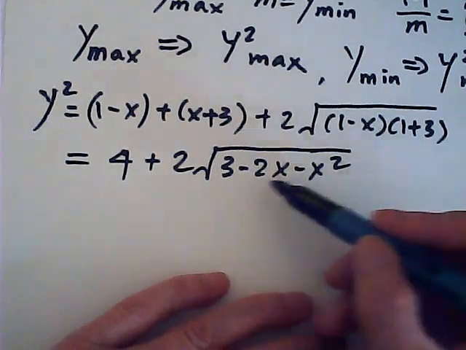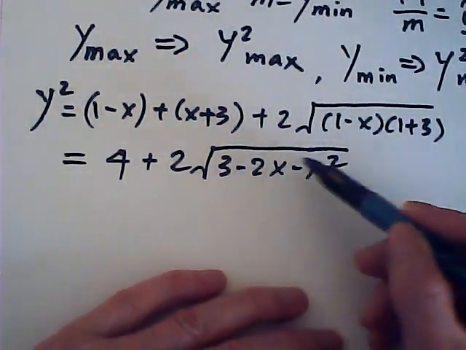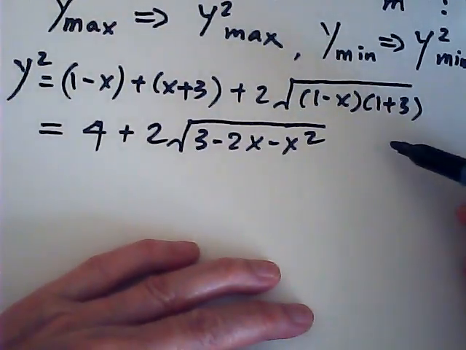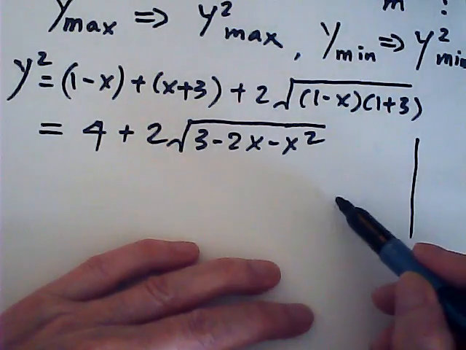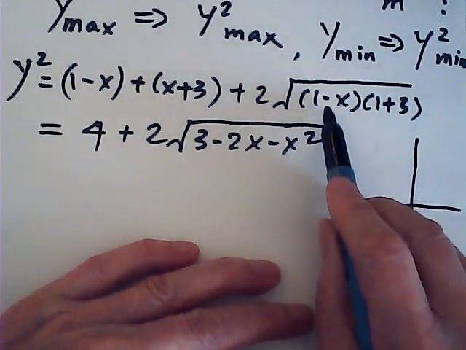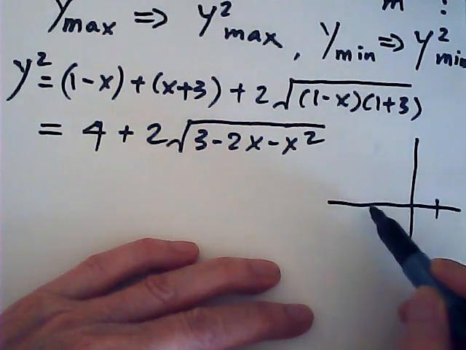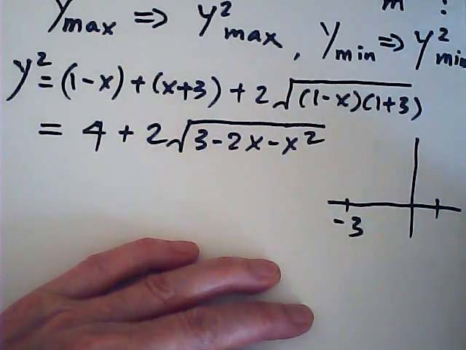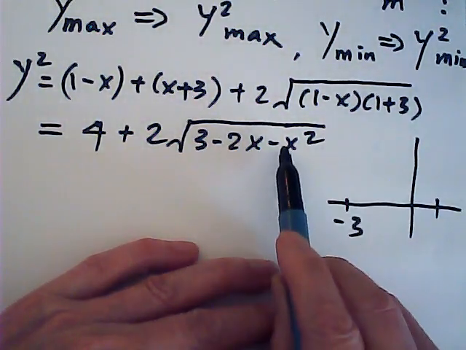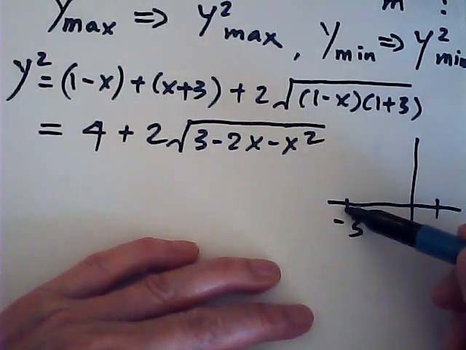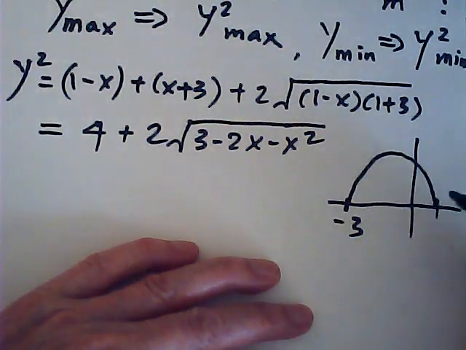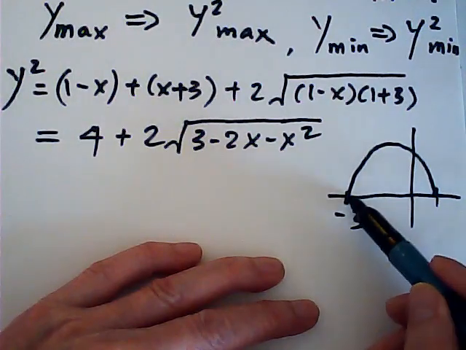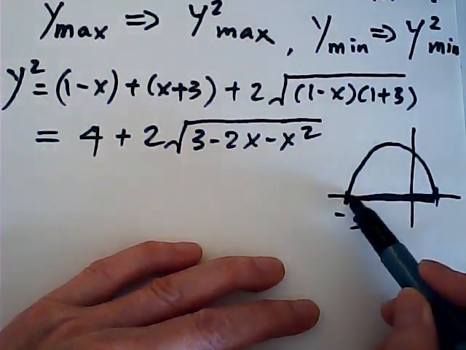Inside the square root is a curve like this, because x is from 1 to minus 3, right? So this is open downward, something like this. This is the domain of y.